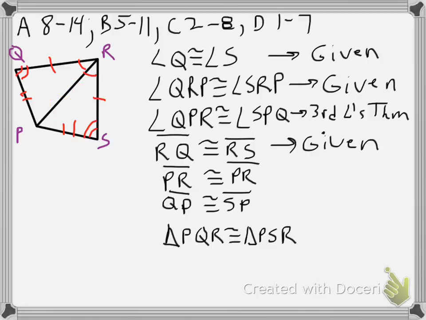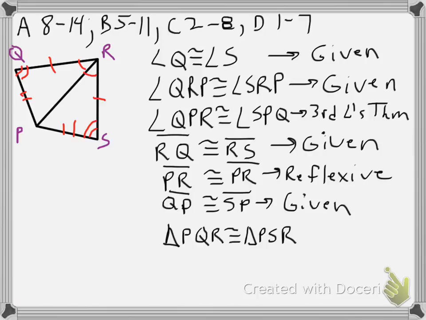So I'm going to write reflexive here. Officially, it's reflexive property of segment congruence, but just say reflexive and I got it for you. And they said then QP, right there, and PS, right there, or SP are the same. Well, again, it was given to us with the red mark, so I'm going to write given there.